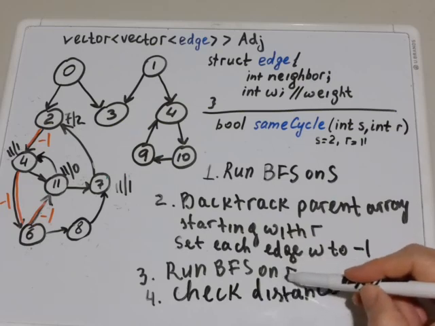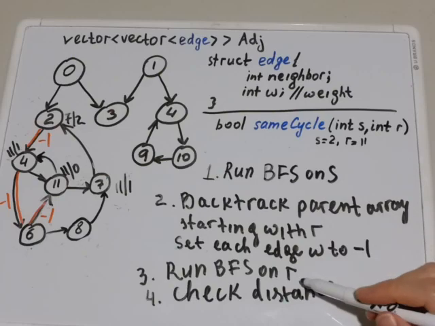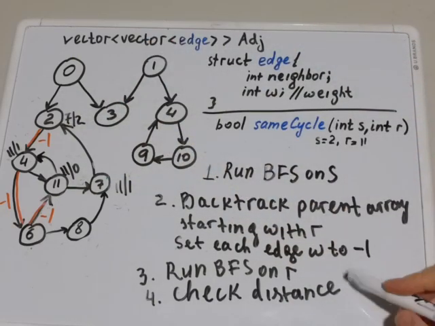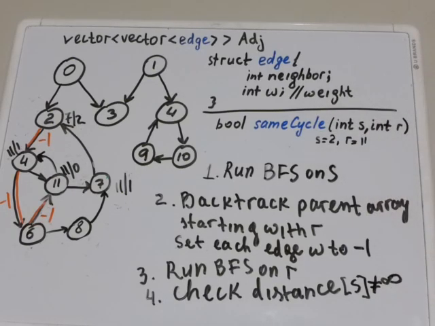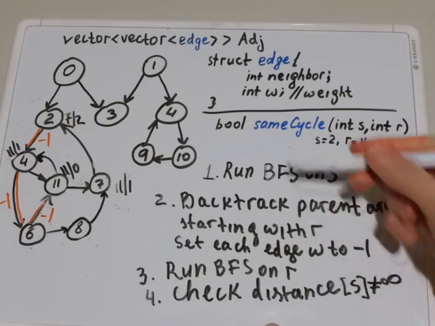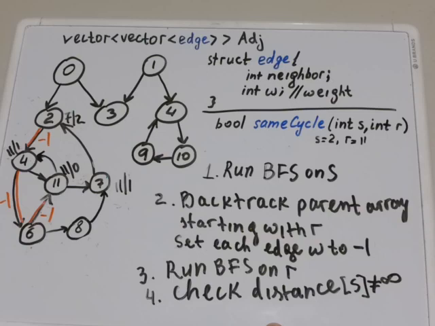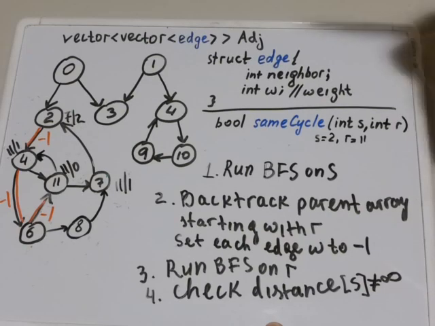Since we ran it on R, could we find a path from R to S? If distance of S is not equal to infinity, then S and R indeed lie on the same cycle. That concludes your algorithm.